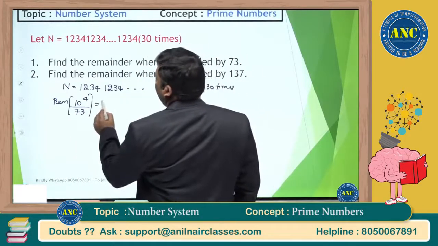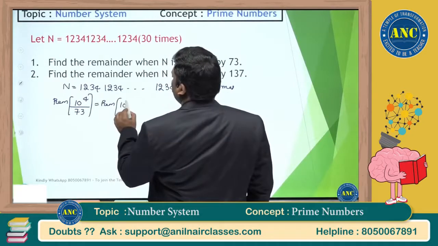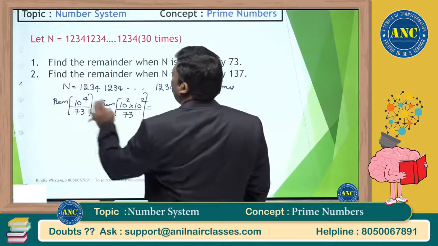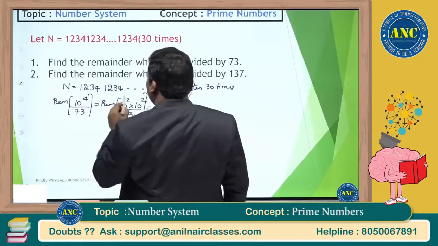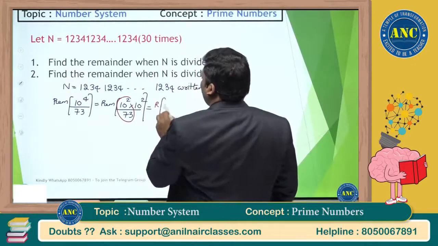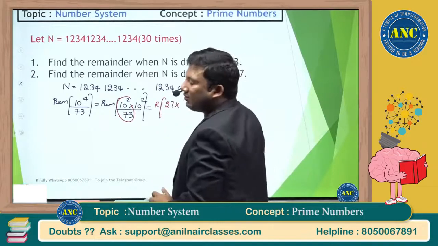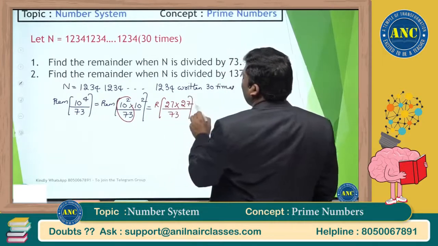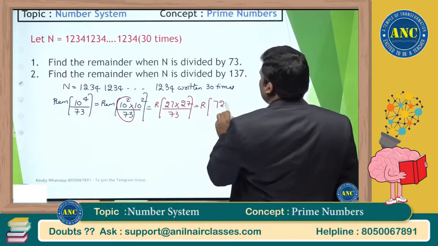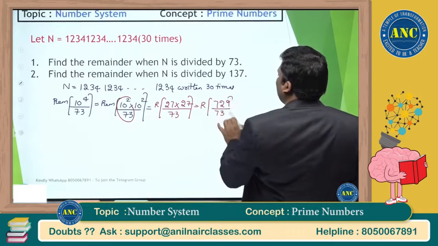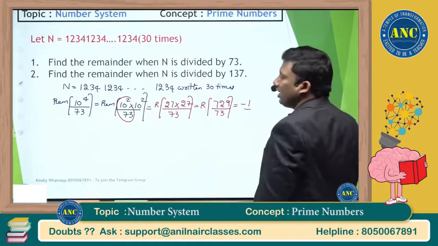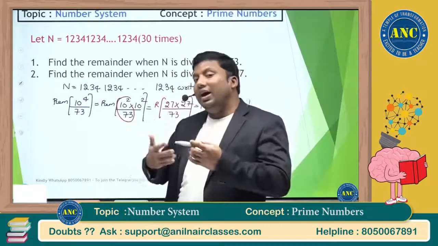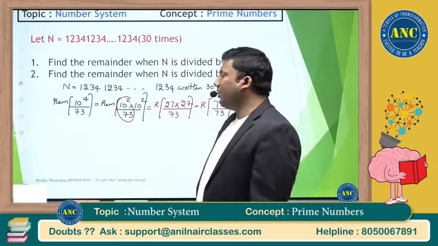Now see here, 10 power 4 can be written as 10 square into 10 square. 100 divided by 73, 73 ones are 73, remainder 27. 27 square is 729. 729 divided by 73, 73 tens are 730. What is the negative remainder? -1.